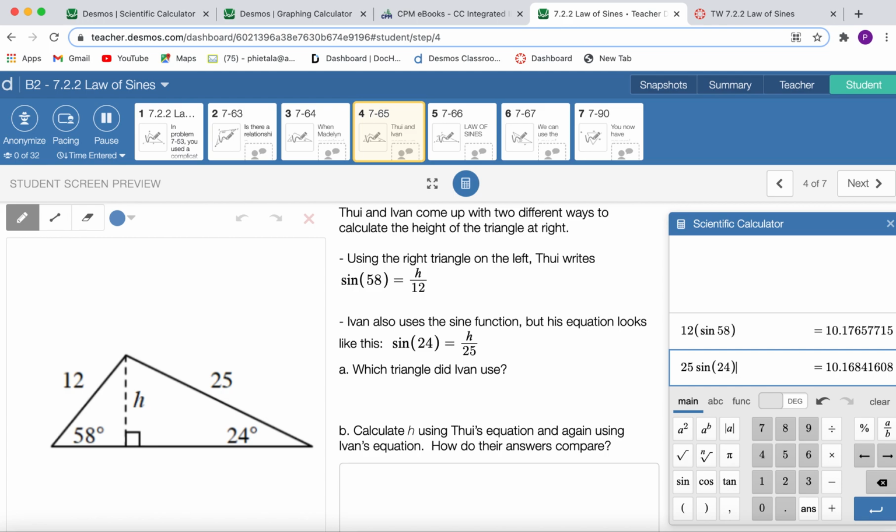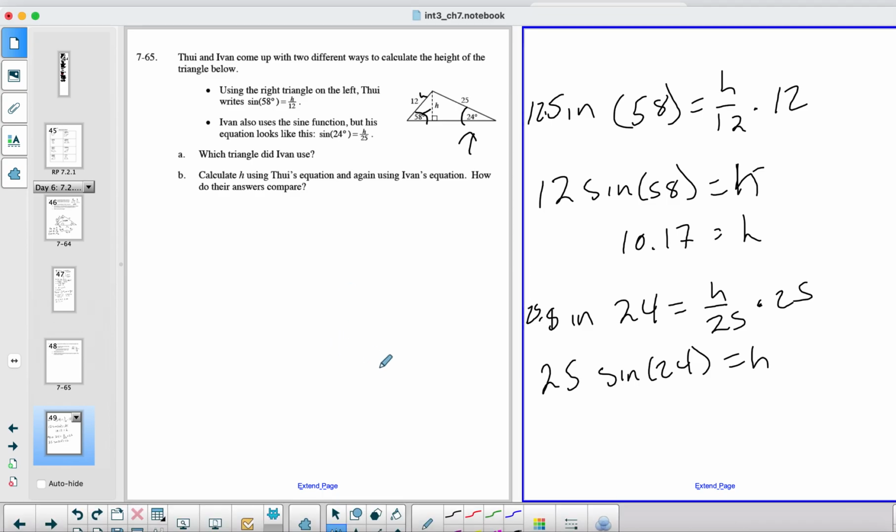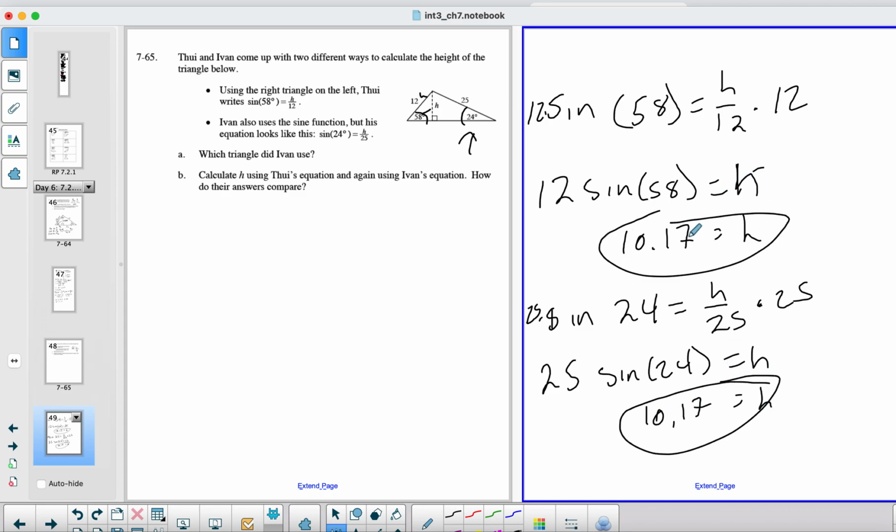Pretty close. 10.17. So my h is 10.17. So these two are exactly the same. They're the letter h. So we can relate both of these triangles using sine functions to get the same height.